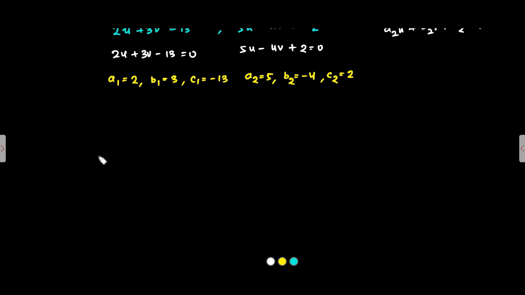So first, on the left-hand side the column will be b1, b2, so b1 is 3, then -4, and then again 3 and -4, then c1, c2 which is -13 and 2, then a1, a2 which is 2 and 5, and then again b1, b2 which is 3 and -4.